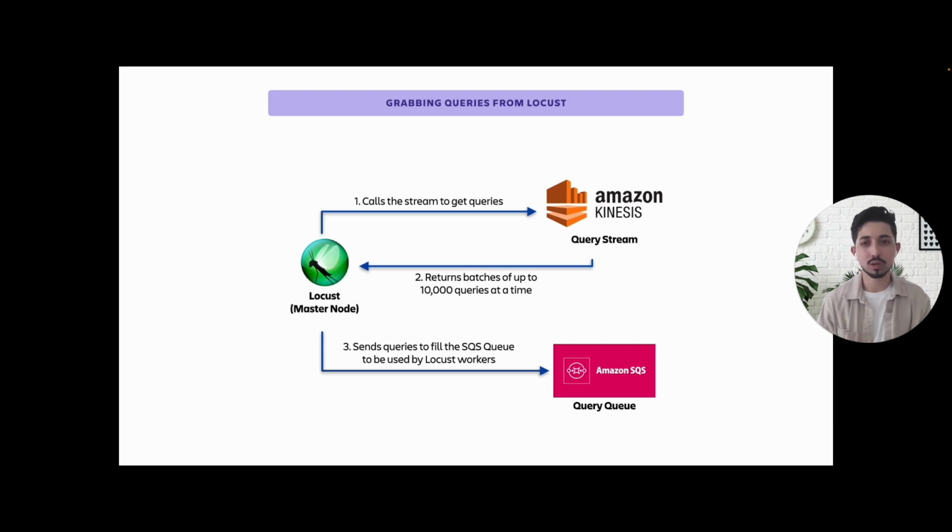And Locust, beautifully, is distributed by nature. But because it would create so many consumers at the same time, Kinesis would have read contention. So that's why we chose to have a queue in between that can be shared across all of the workers, all of the threads, regardless of the size of the test or the load that we're trying to send. So the query queue on initialization will have all the queries that we need.